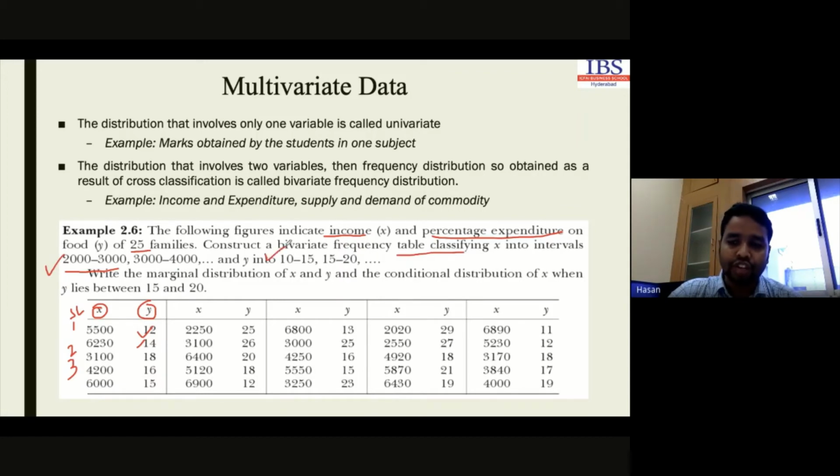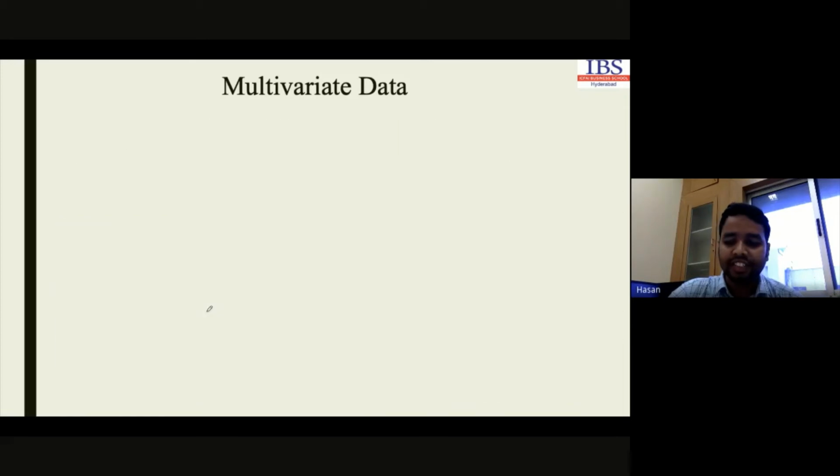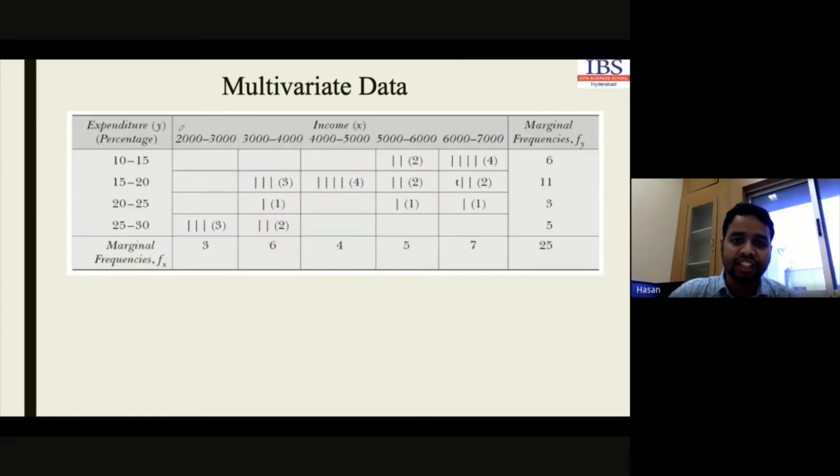The income groups are: first group 2000 to 3000, second group 3000 to 4000, third group 4000 to 5000, then the fourth and fifth groups. Similarly, expenditure levels are 10 to 15% of the income, 15 to 20%, 20 to 25%, and 25 to 30% of the income.